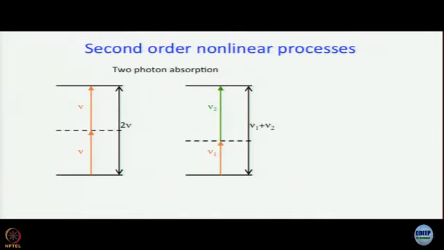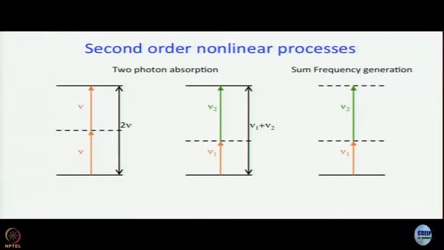So, energy of 2 photons are sort of getting added up to give you the promotion that you require. So much for 2 photon absorption, but when absorption takes place, the energy of the system goes up. Anything that goes up has to come down. So, let us talk about sum frequency generation, or in some cases 2 photon excited fluorescence.